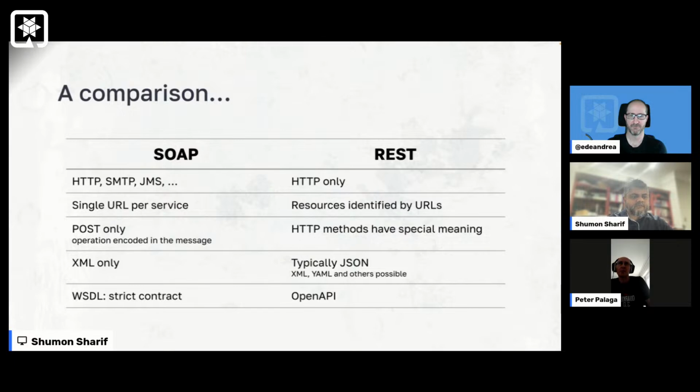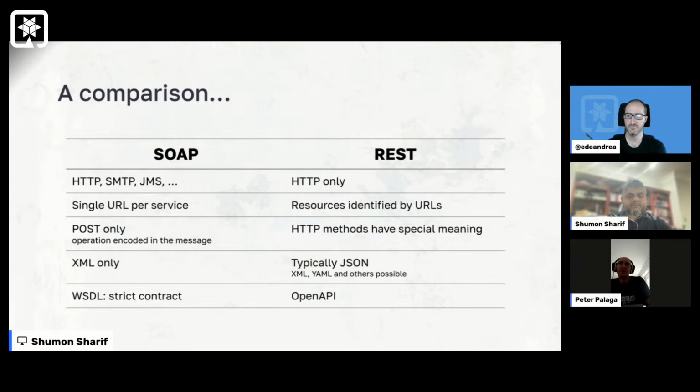The next important difference is that when you are implementing REST, the individual resources are identified by URLs, and the whole concept is based on resources, right? You are accessing resources and performing some basic operations like create, read, update, or delete on them.